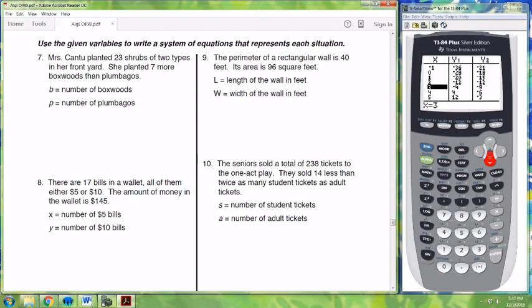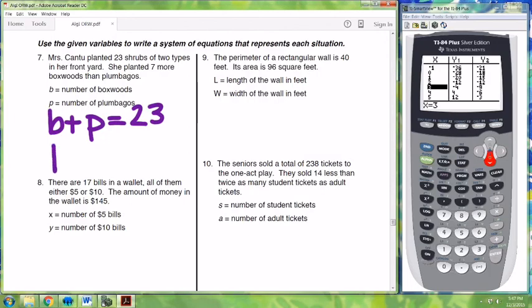So they want us to write a system of equations that represents this situation. So they're telling us that together the 2 types were equal to 23. So that means B plus P has to equal 23. Okay? And then it says that she planted 7 more boxwoods than she did plumbagoos.